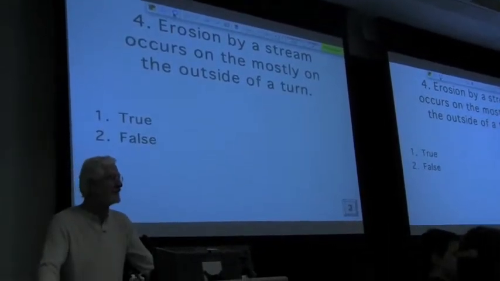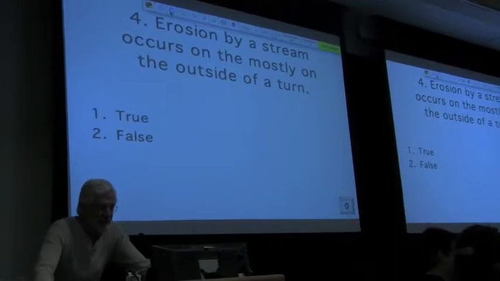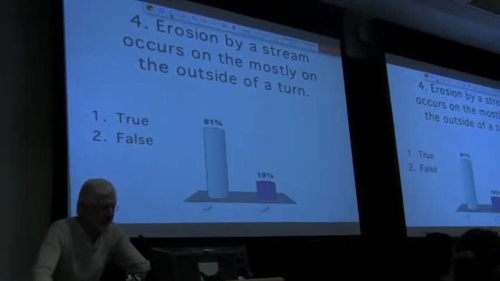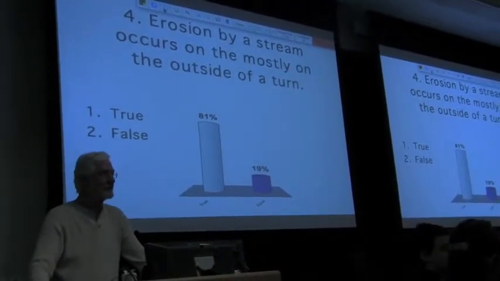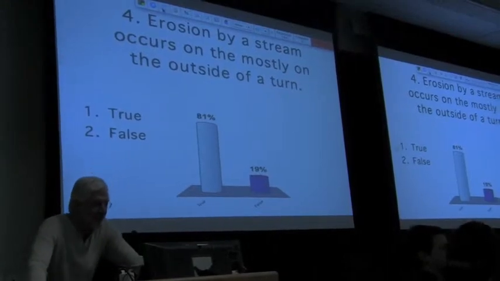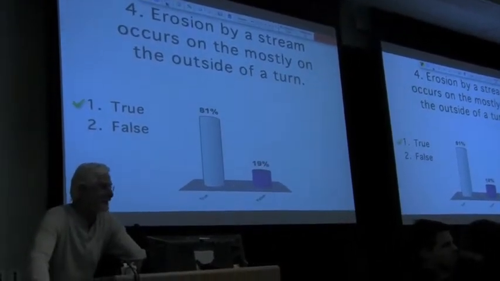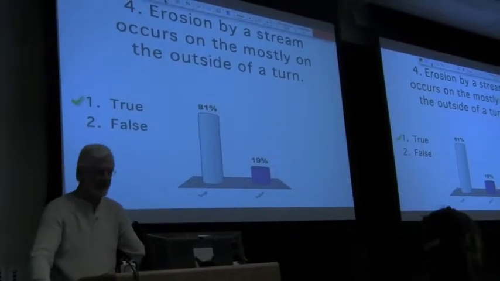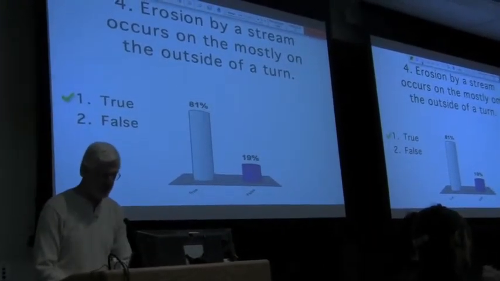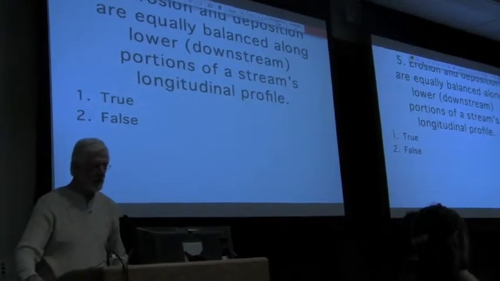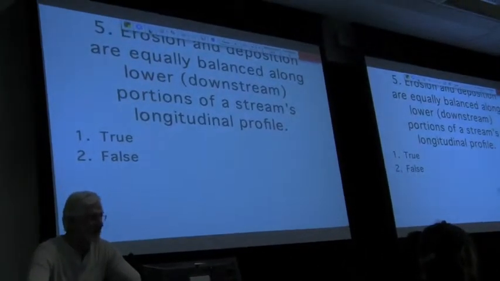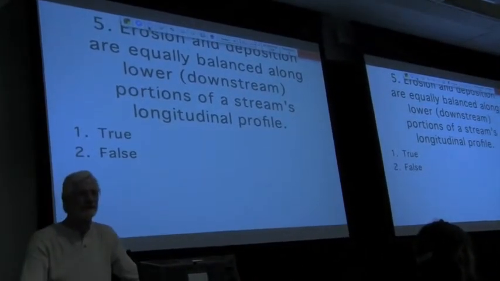Come on, 20 more of you. Hurry up. There you go. And you said, 81% looked at me and said true. And of course, if I put inside the turn, you'd say false. All right, good job.